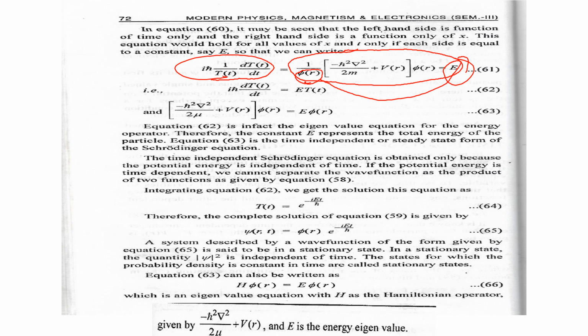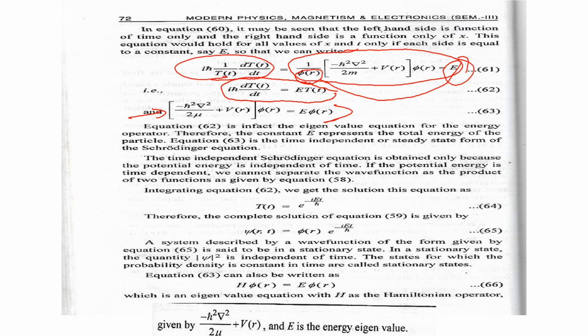From the equation including time, we can see that E represents the total energy of the particle, and the next equation is the time independent form of the Schrodinger equation.